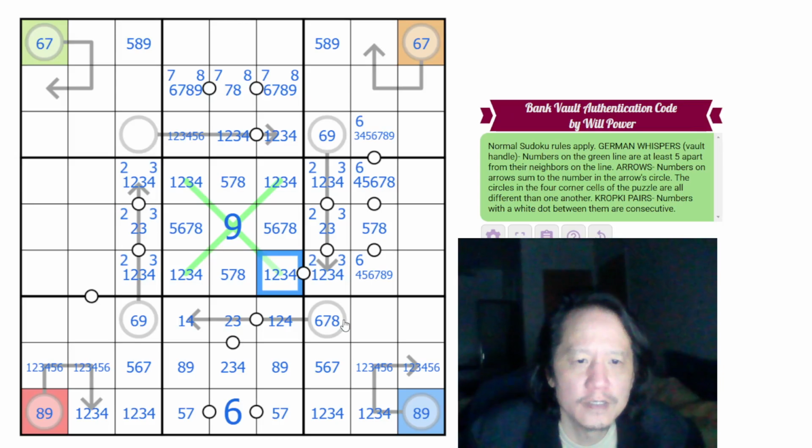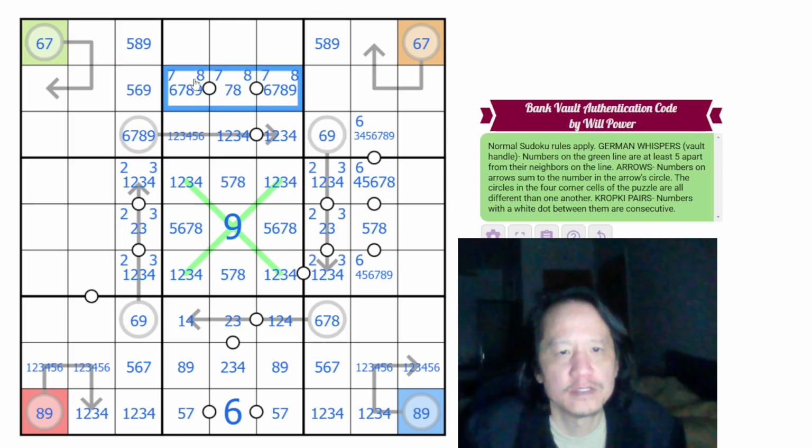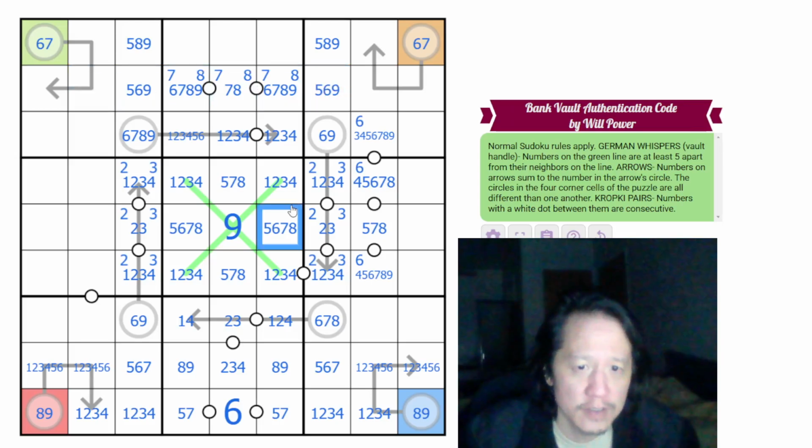Let's see. The rest of this has to be 6, 7, 8, 9. This has to be 5, 6, or 9, because this cannot be 7 or 8 because of this 7, 8 pair. So this is 5, 6, or 9.